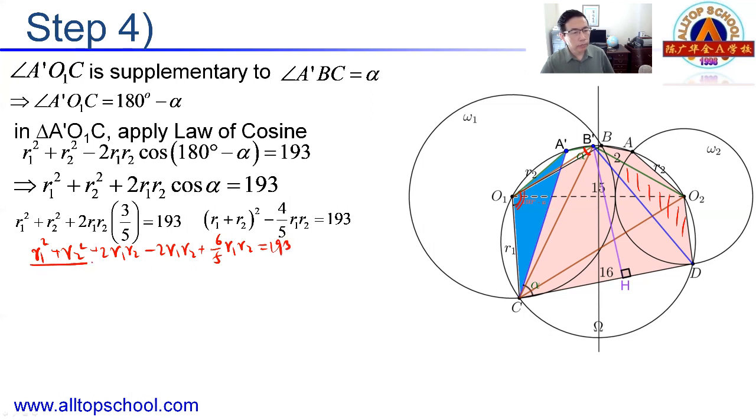So this is R1 plus R2 squared, which is exactly equal to 193 minus 2 times 5, 10, and 10 minus 6 is 4, so negative 4/5 R1 R2. So you get this.